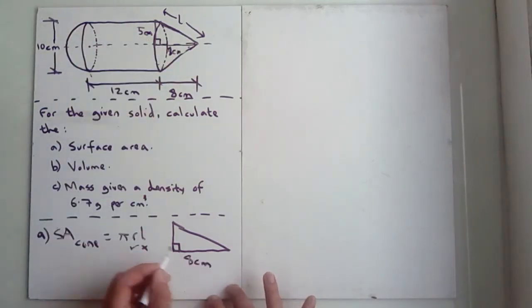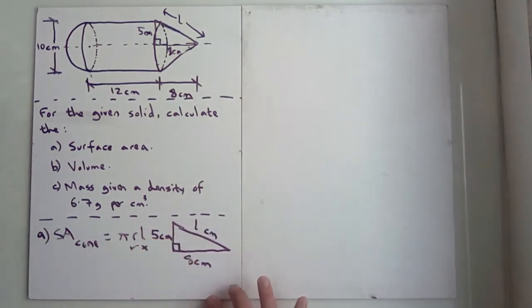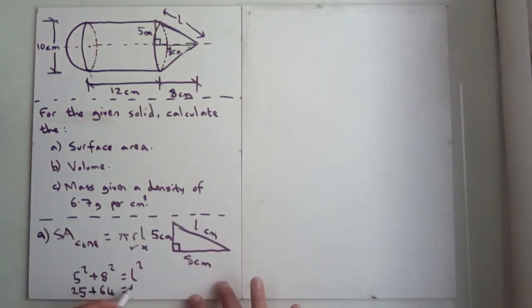So we've got 8 cm, 5 cm and L cm. Right, so it's Pythagoras. We're looking for the long side, so short side squared plus short side squared equals long side squared. So 5 squared plus 8 squared equals L squared. Well, 5 squared is 25 plus 64 equals L squared.